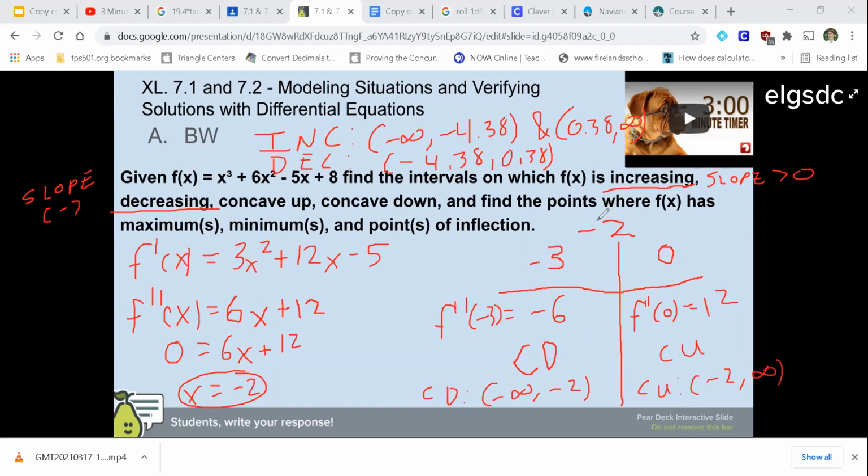And -2 is a point where we switched concavity. So we call that a point of inflection. So we have a point of inflection when x equals -2.